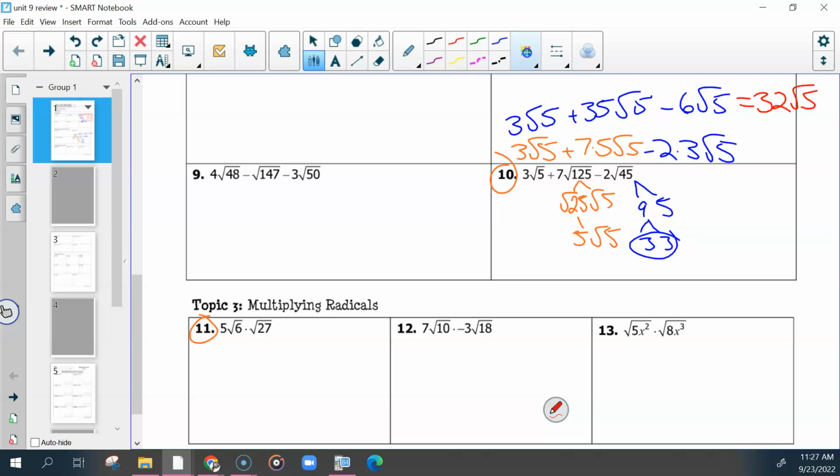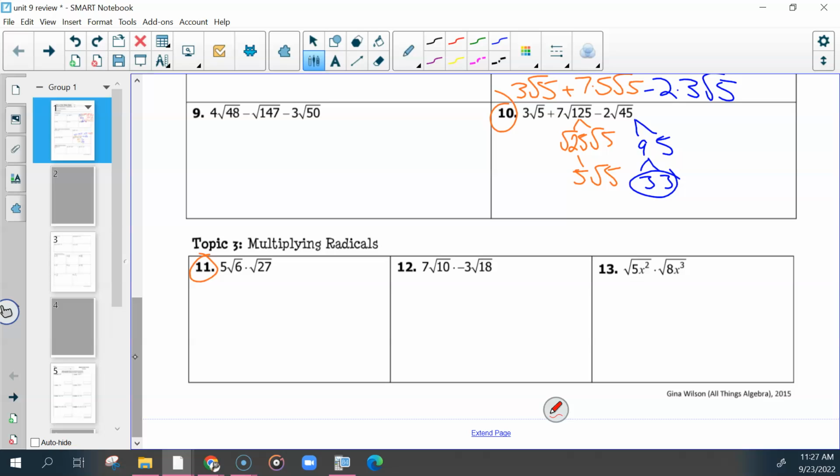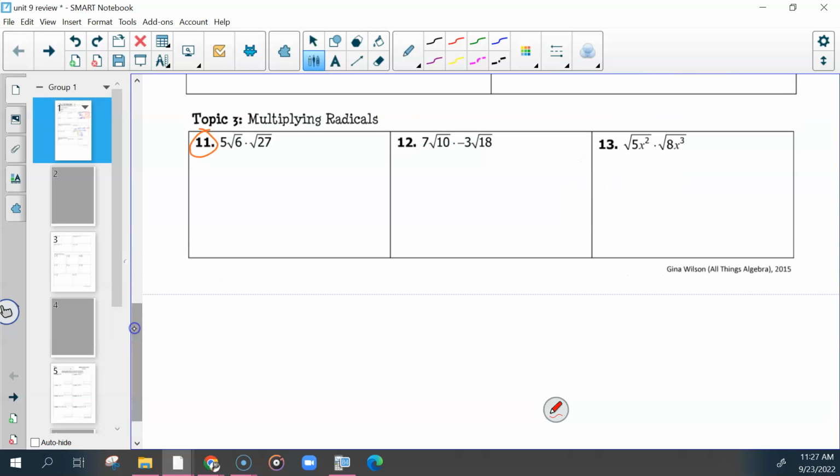Okay. For 11, we are multiplying. So when you are multiplying insides together, outsides together, here there isn't an outside, assume it to be 1. So you'd be multiplying 5 and 1.